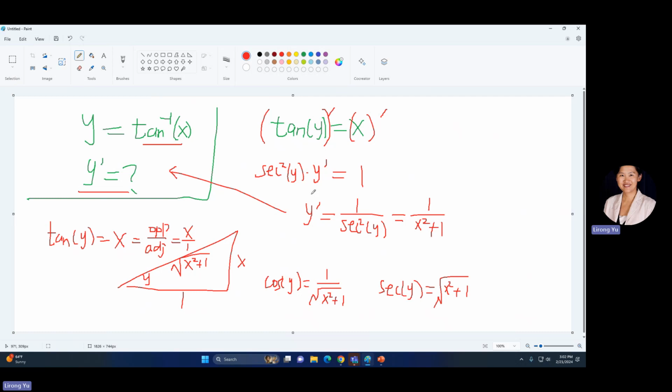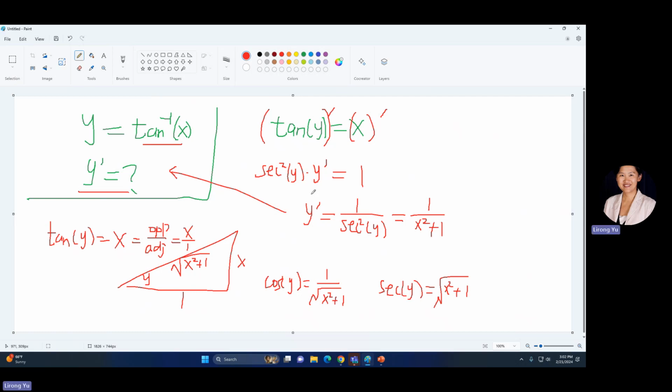In most of the scenarios that we had so far for differentiation, if you differentiate a polynomial, the derivative is a polynomial with lower power. You differentiate a trig function, the derivative of sine is cosine, cosine is negative sine, the derivative of tangent is secant squared, and so on. So most of the time, the derivative of a trig function is another trig function. The derivative of an exponential function is an exponential function.